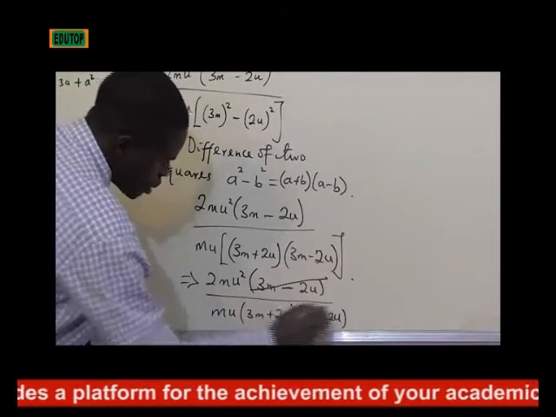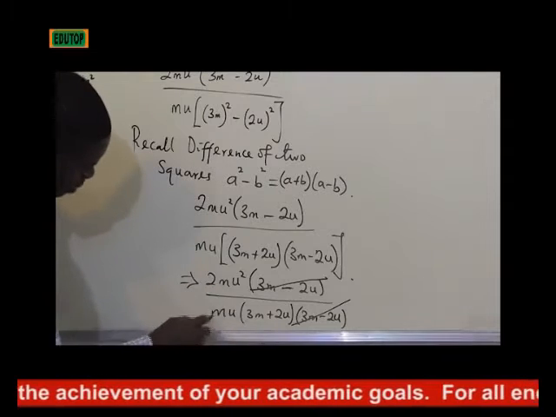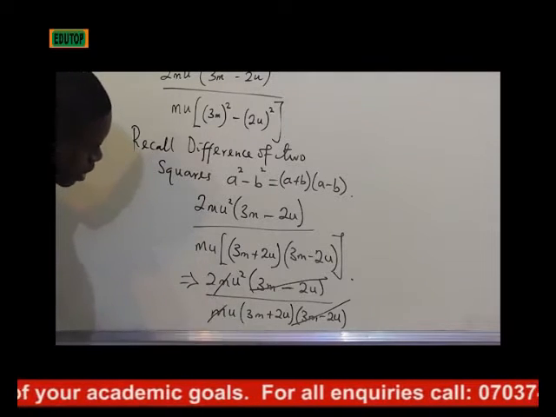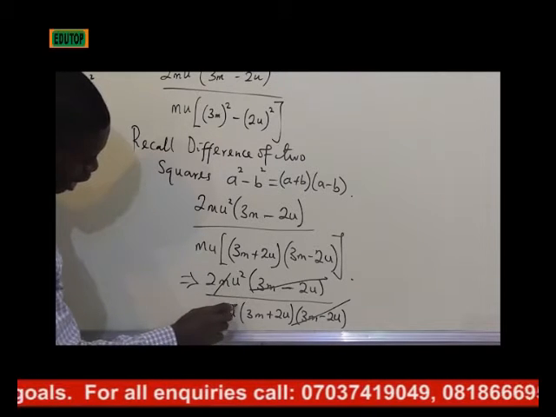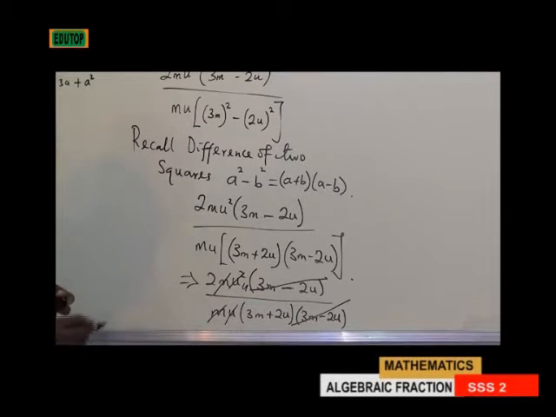So I can cancel this and this. And remember that this one has an m, so I can cancel this m and this m. Then this one you have u, this one is u square. I can cancel u and cancel one u. You are left with one u.